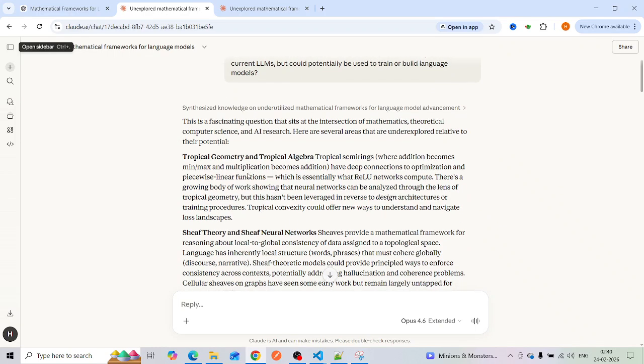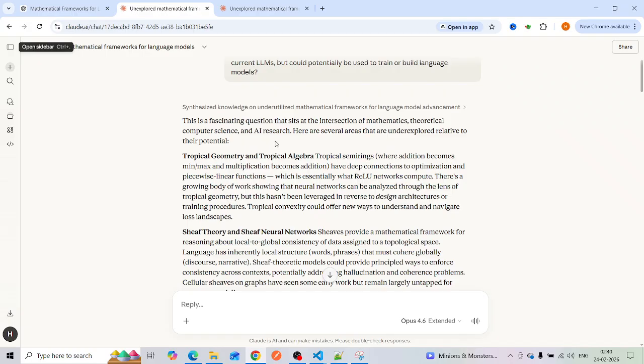So this is a fascinating question that sits at the intersection of mathematics, theoretical computer science, and AI research. Here are several areas that are underexplored relative to their potential.